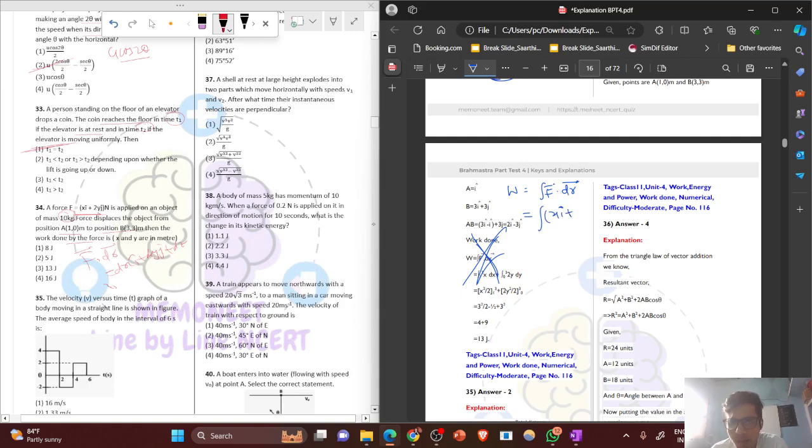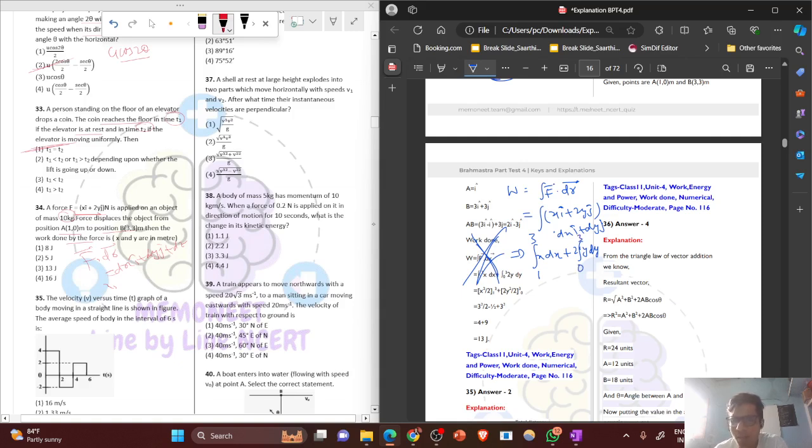x i cap plus 2y j cap dot dx i cap plus dy j cap. Doing it, excluding the integration, x dx plus 2y dy. Now x goes from 1 to 3 and y goes from 0 to 3.